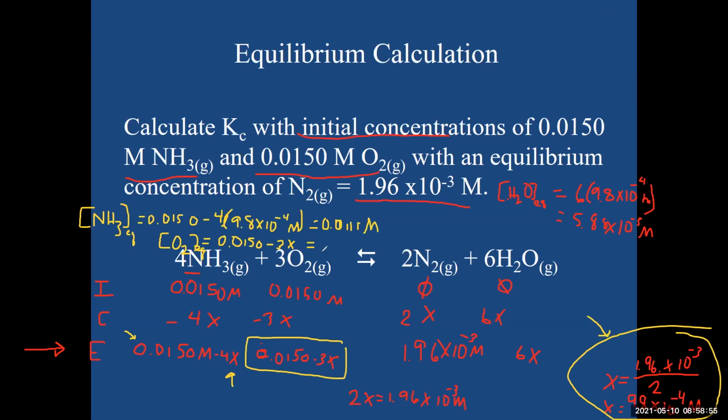Gotcha. Okay, so do we not know what X is? Yes, we do. So we would plug in the 9.8 times 10 to the negative fourth, right? Okay, yep.